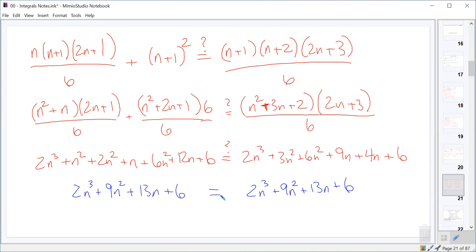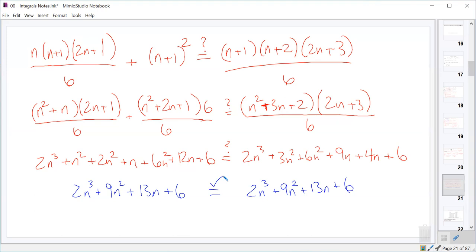And we have now proven that if we have one value that we know works for summing together integers squared, we can then show that it definitely works for the next one. So since we know it works for the first, it must work for the second. And if it works for the second, that means it must work for the one after that, which would be the third. And so on all the way down the line.